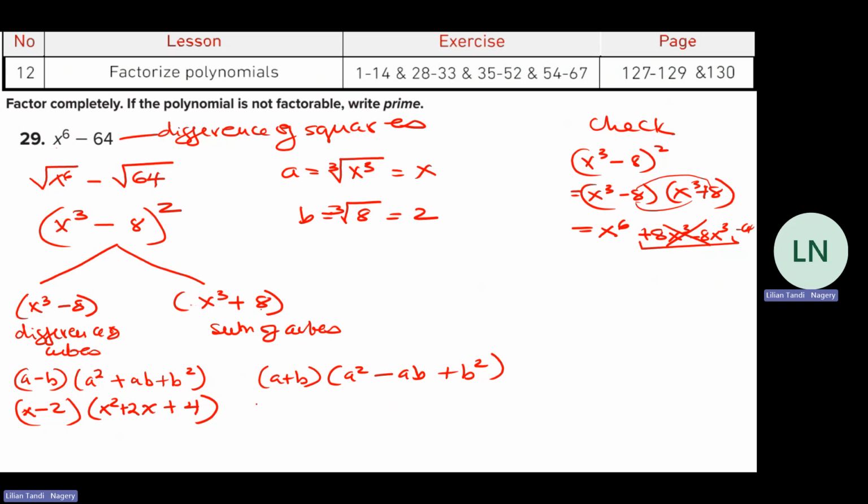And here, let me put 2 squared so I don't skip a step. X plus 2 will give me x squared minus 2x plus 4.